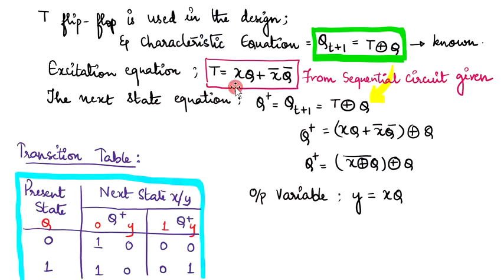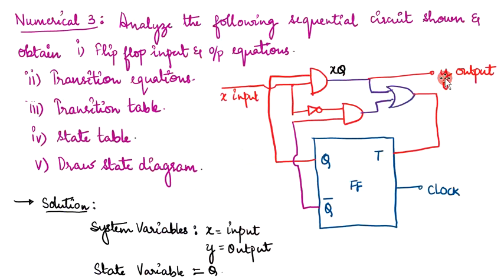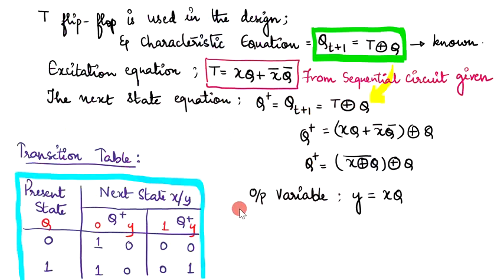If you observe the excitation equation, T will be equal to XQ plus X bar Q bar, which is obtained from the sequential circuit that is given. And the next state equation that you have here is Q plus, that is Q(t+1), is equal to T XORed with Q. Substitute, and this is what you get as the next state equation on simplification. The output variable, if you look at this, is Y, and that is equal to XQ.